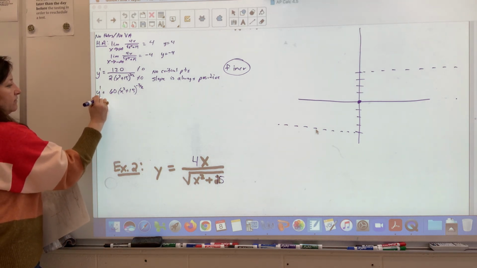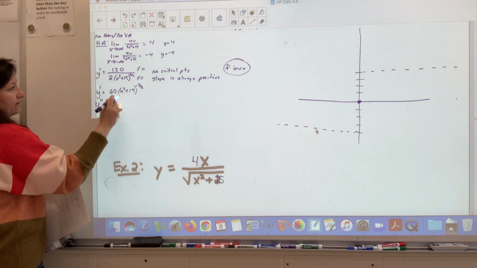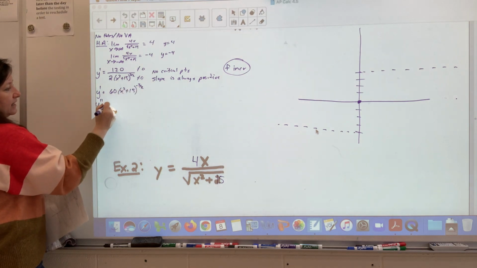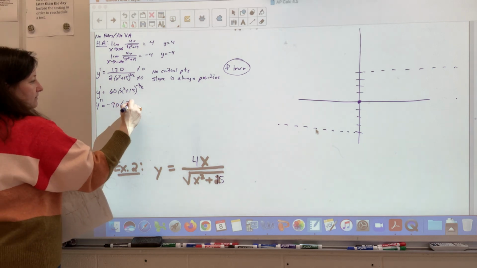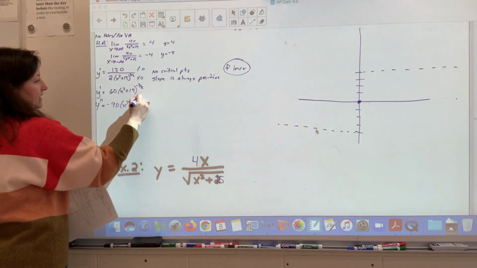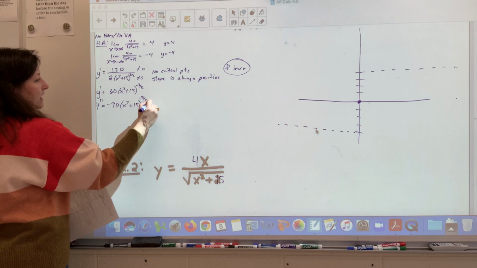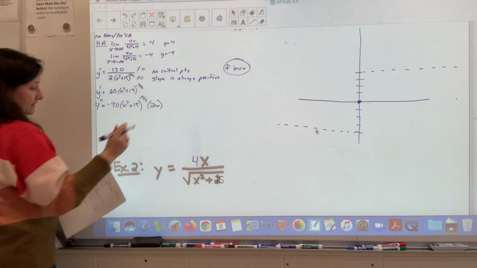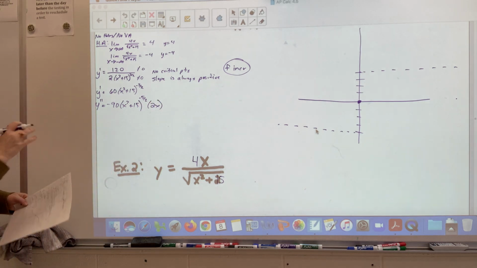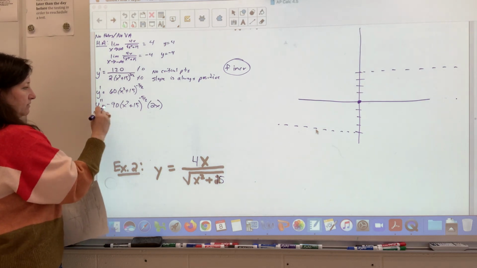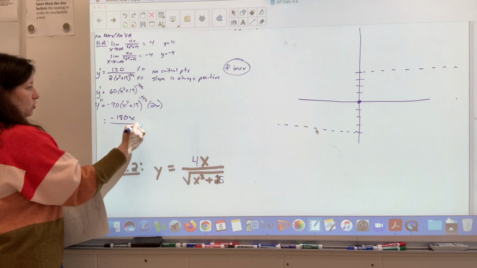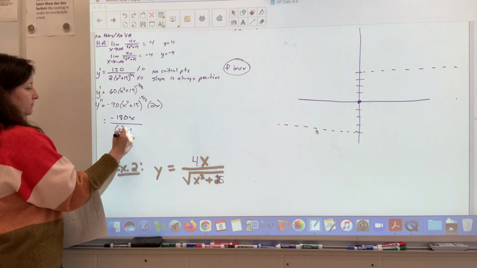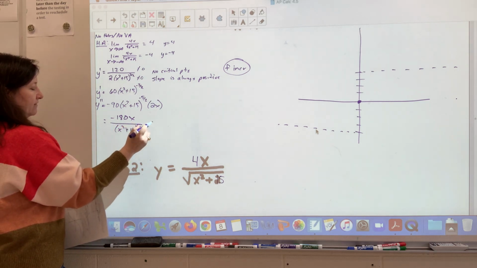Bring the negative 3/2 down, that makes negative 90, x squared plus 15 to the negative 5/2 times chain rule 2x. So let's clean this up a little. The second derivative comes out to be negative 180x over x squared plus 15 to the 5/2.